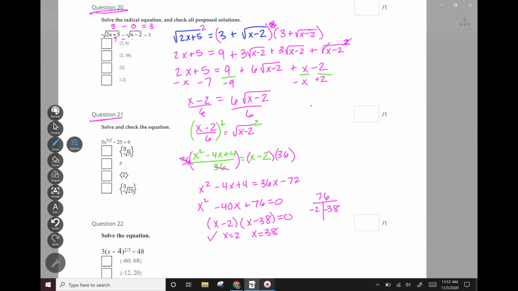The square root of 36 is 6. 9 minus 6 is 3. Okay, so both of those worked. Both of them are solutions. We've got 2 and 38. That is the hard problem. That is the long problem that you would have to be really quick at to make sure you have time for it on the test. All right.